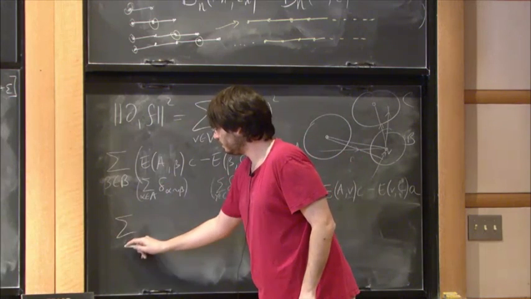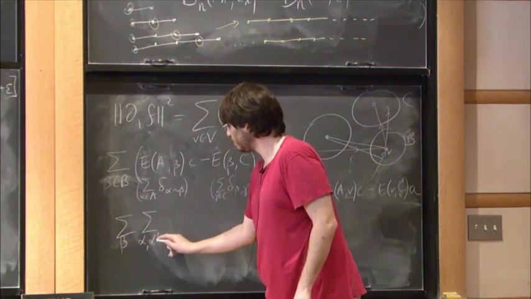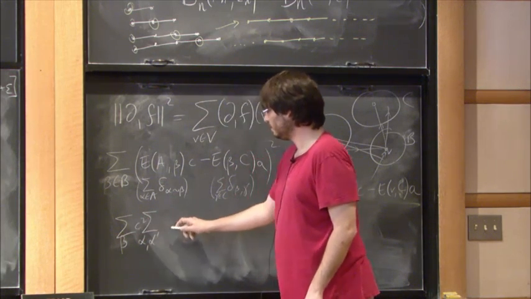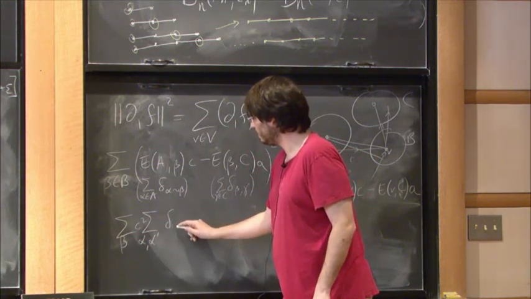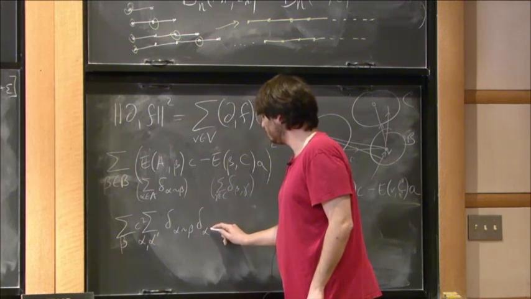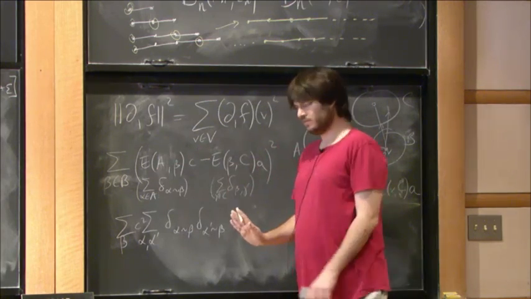What I get at the end is here beta, and here it would be alpha and alpha prime, but C square, alpha alpha prime, and then delta alpha neighbor of B, delta alpha prime neighbor of B. This is just from squaring this part.